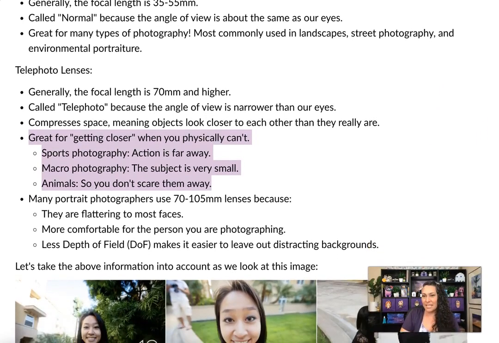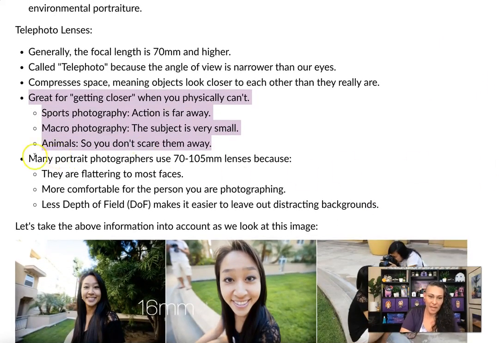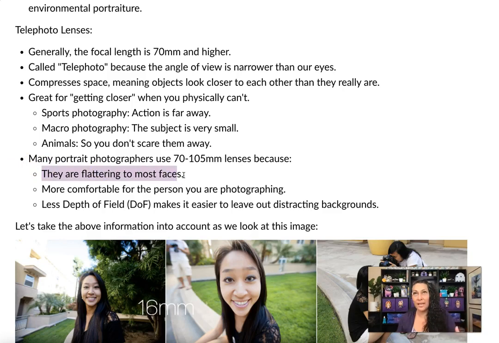Now, telephoto lenses are also used by many portrait photographers. A really popular range is 70 to 105 millimeters. So you'll usually hear people talk about 70s, 85s, or 105s for their portrait lenses. And that's because they are flattering to most faces. And along with that, it's more comfortable for your subject.